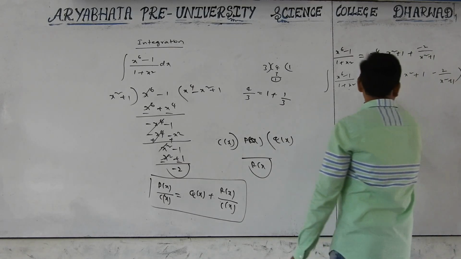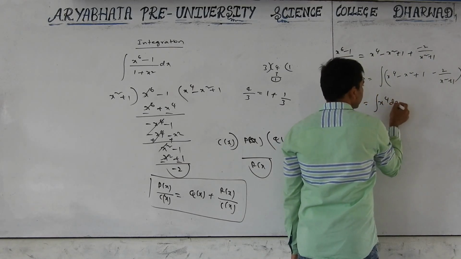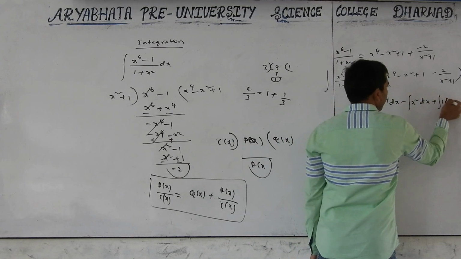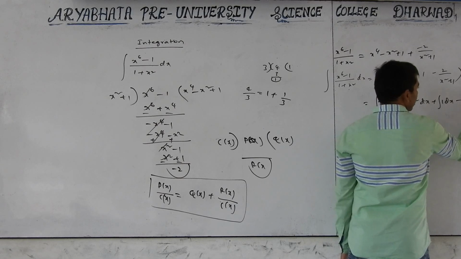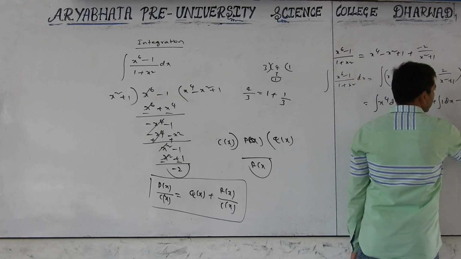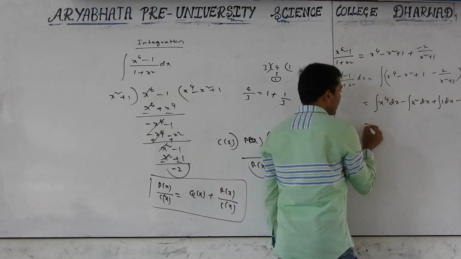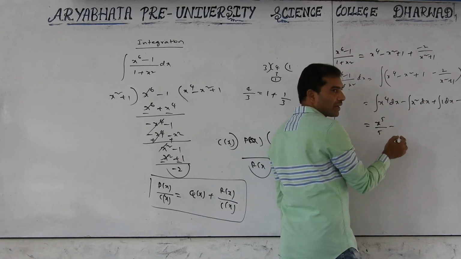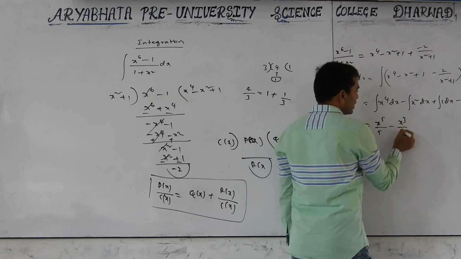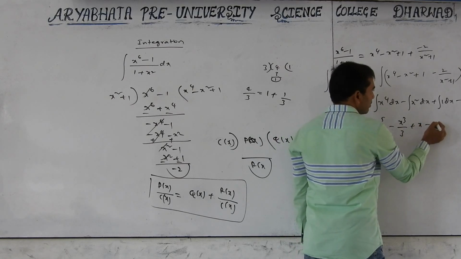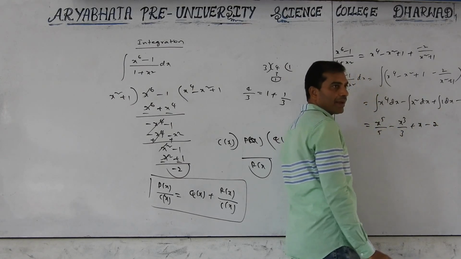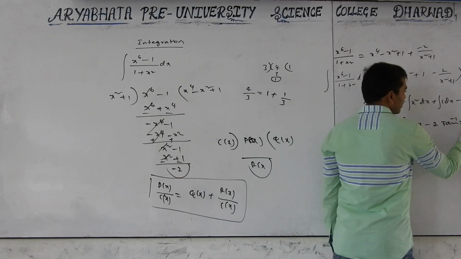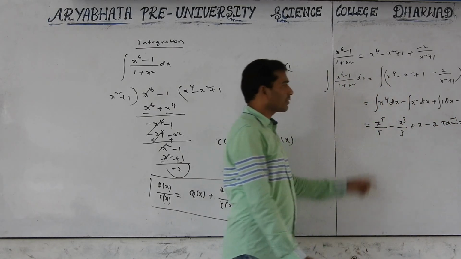Splitting: integration of x^4 dx minus x² dx plus integration of 1 dx minus 2 (constant) times 1/(x² + 1) dx. Integration of x^4 is x^5/5, of x² is x³/3, plus x, minus 2. Integration of 1/(x² + 1) equals tan inverse x plus c.